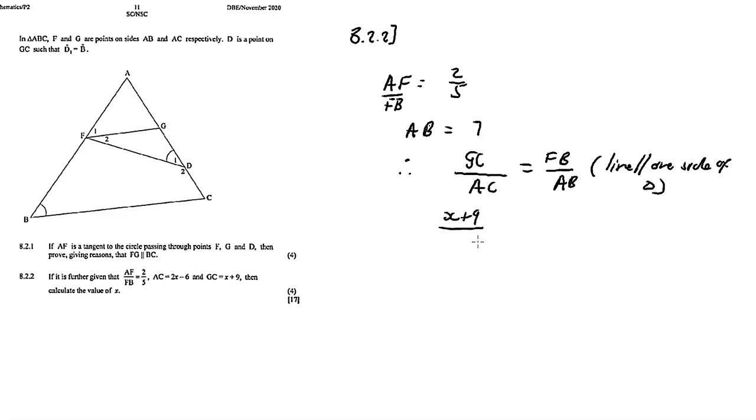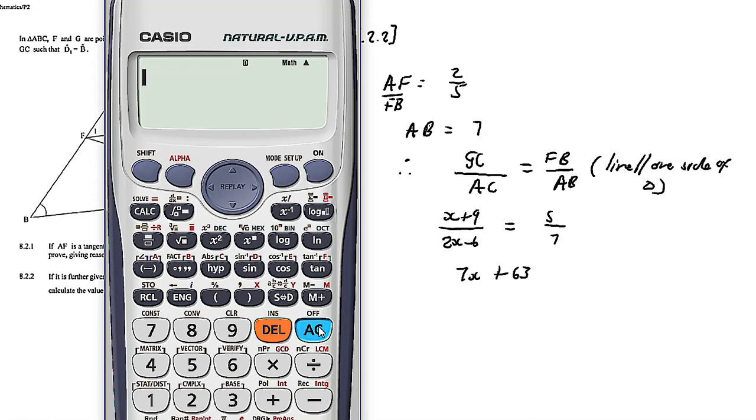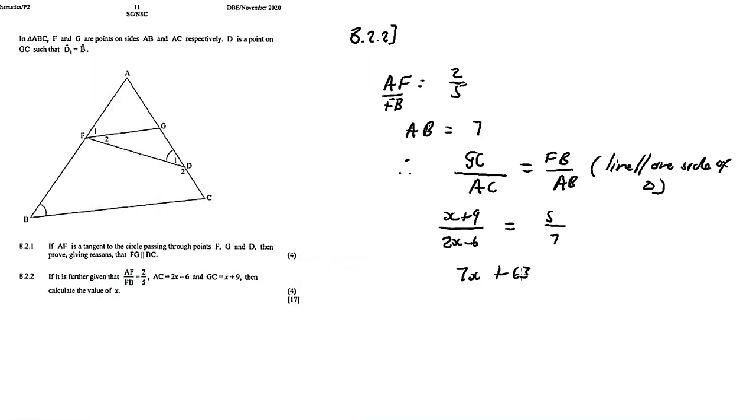So the equation: x plus 9 over 2x minus 6 is equal to 5 divided by 7. Then we solve for x, with the algebra. So 7x plus 63. Let me confirm: 9 times 7 is 63.